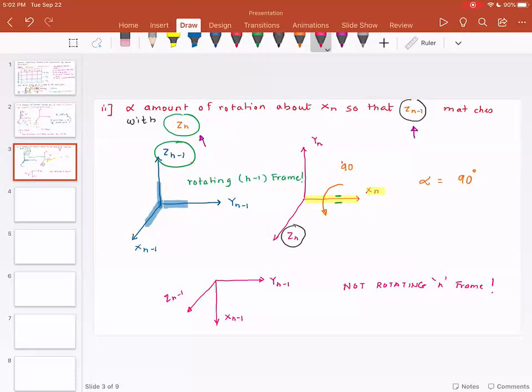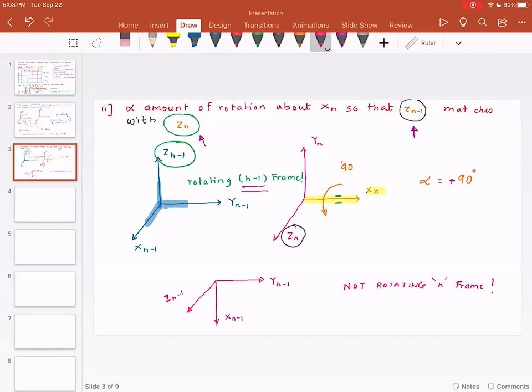So n minus 1 frame is rotated. And thus, if you look at the angular rotation, here the alpha is positive 90 degrees. It's not a negative 90 degrees. So that is the tricky part about this rule, which means you are rotating about xn, but you are not rotating the nth frame, you are rotating n minus 1 frame, but the direction of rotation is determined from xn.